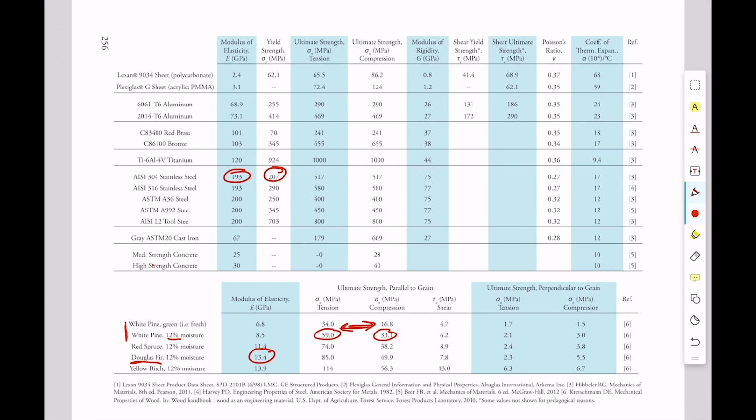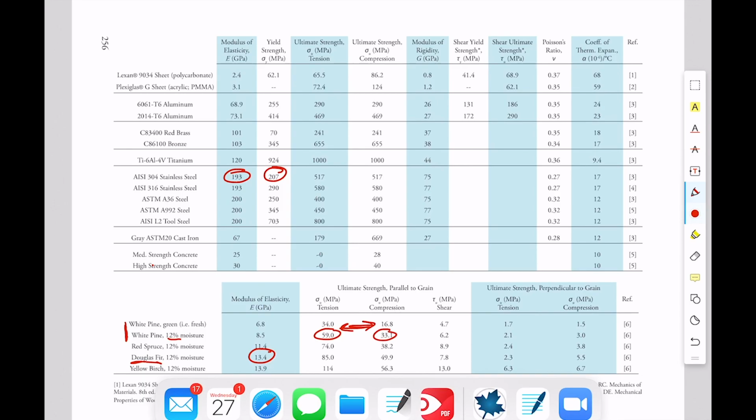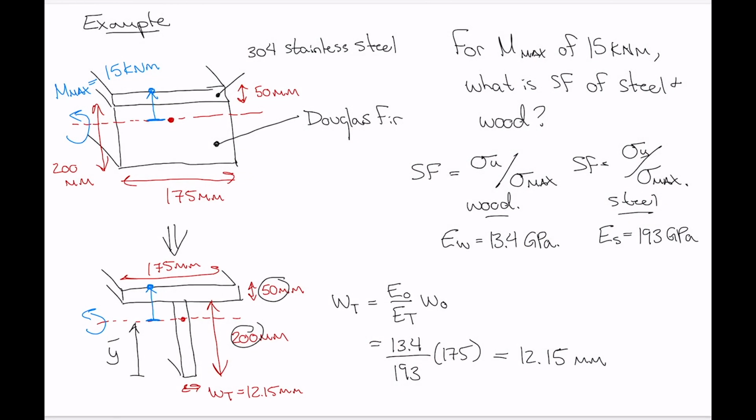So the wood is stronger in tension than it is in compression. Looking back at our diagram, we know that our maximum tensile stress in the wood is going to occur at the bottom of the cross section. The maximum compressive stress in the wood is going to occur at the top of the wood before the steel.